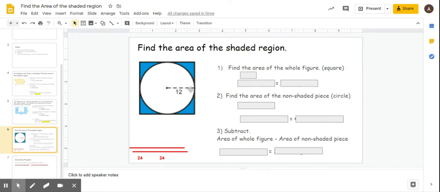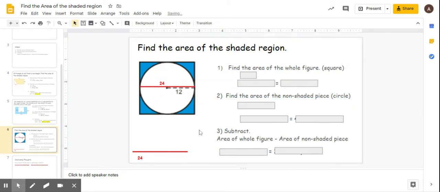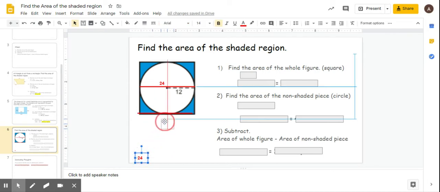We know that the radius of the circle is 12. So the circle is from the center out. If you double the radius, right, that gets you the diameter, which the diameter of this whole circle would be 24. Do you see that? So now if the diameter is 24, that means that the sides of the square are also 24.